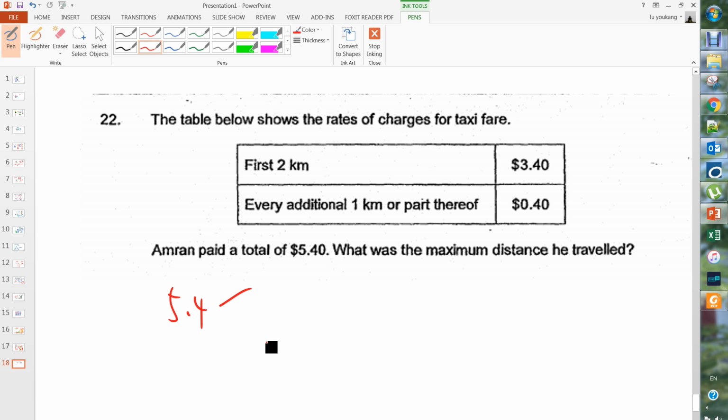Are you done with the distribution? Not yet. Yeah. Okay, good. So the distribution is this, huh? Okay. So you have the first 340, right?